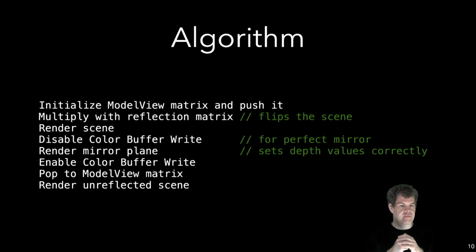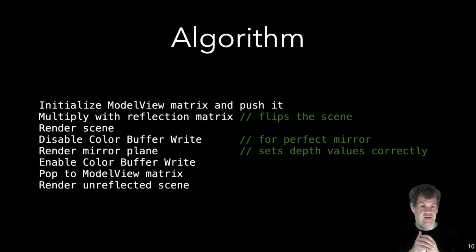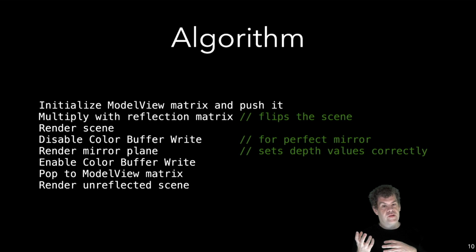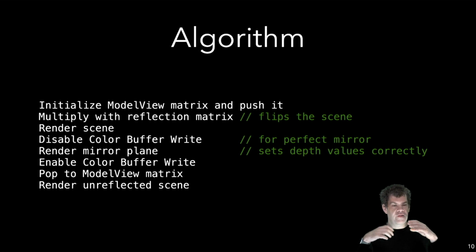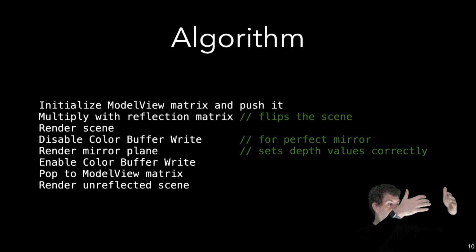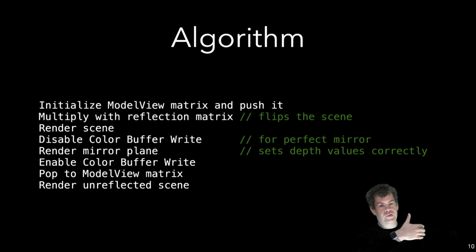What's the effect of that? Well, since I disabled color writes, it doesn't change anything about the picture itself. But the picture is more than just the colors, it's the depth as well. So when I render the mirror, this now writes its depth value into the buffer, effectively making sure that nothing behind the mirror from the original scene shows up. I mean, of course, your room might continue after the mirror. If I have a house and I have a mirror, there's usually something behind that, another room, potentially.